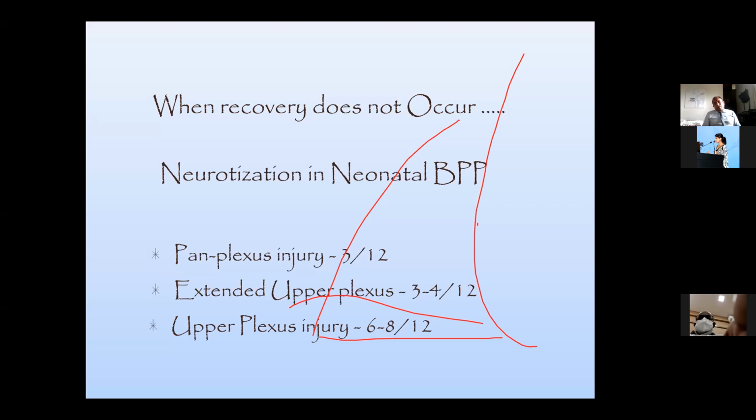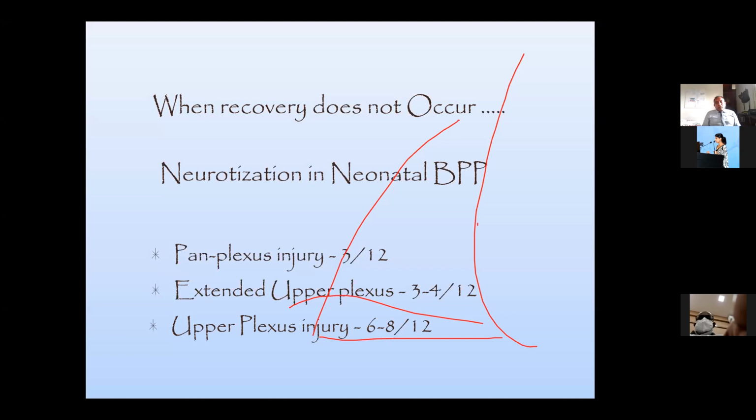You can detect the root avulsion, but they cannot say whether it is Sunderland 4 or 5, or Sunderland 3 or 4. So it's very tricky. We have to go in and see the plexus and then decide what to do.